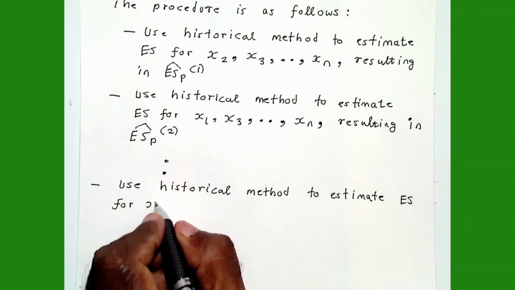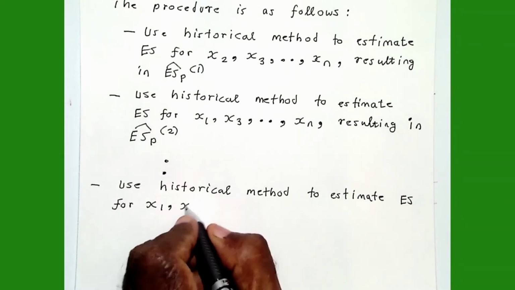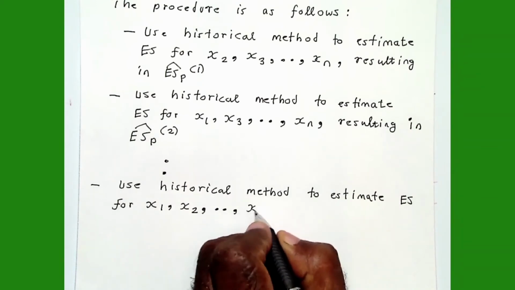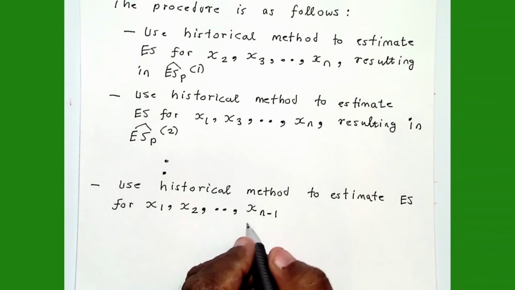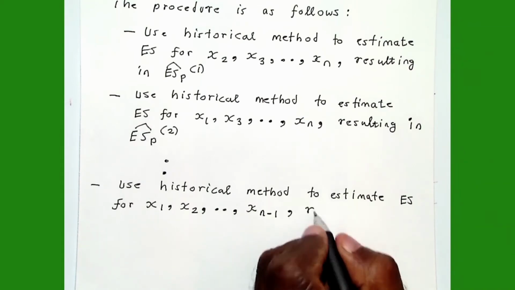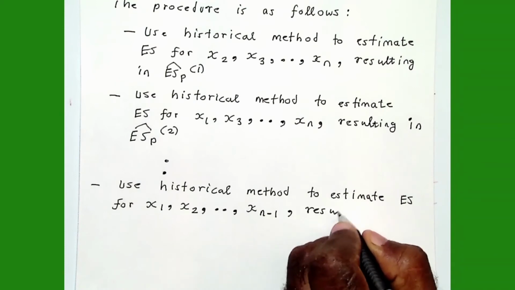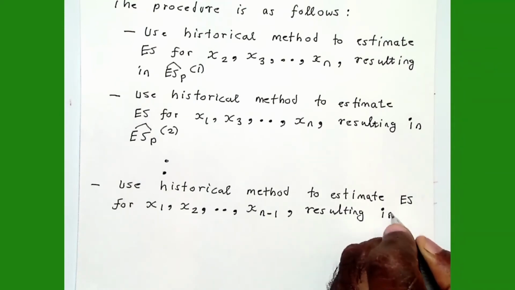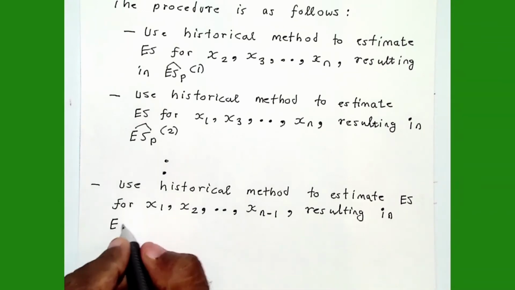So the data are x1, x2 up to xn minus 1. So I'm dropping the last observation, resulting in the following estimator.